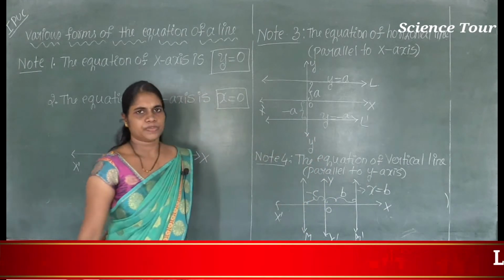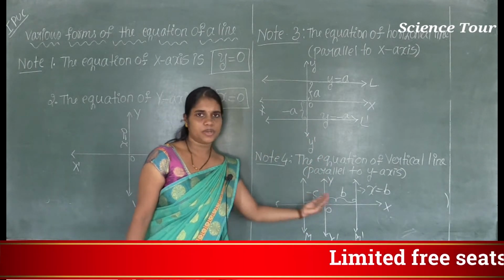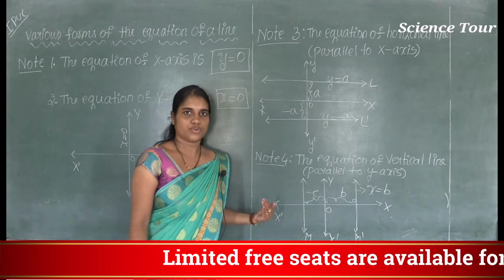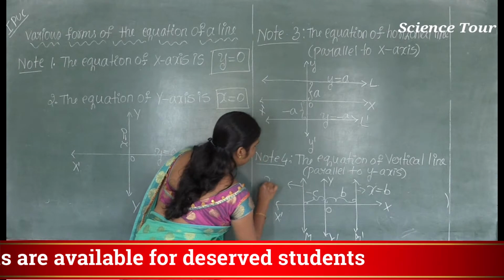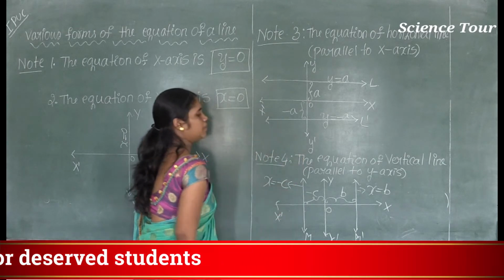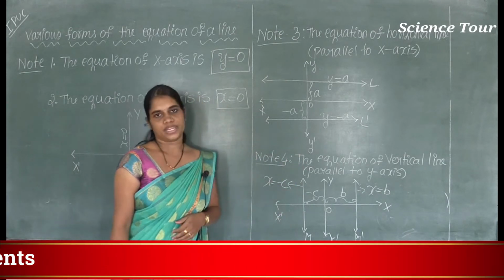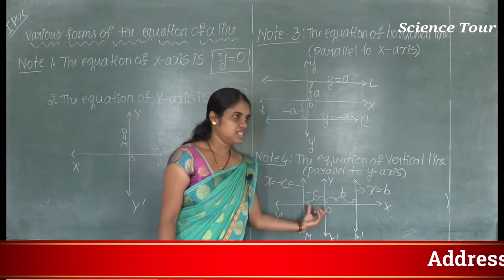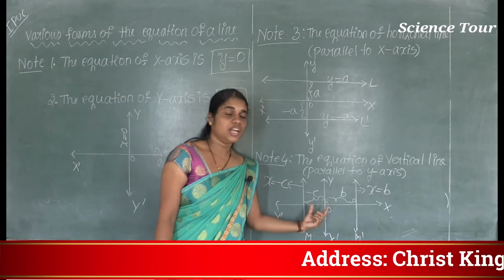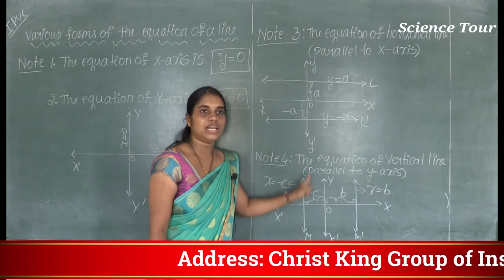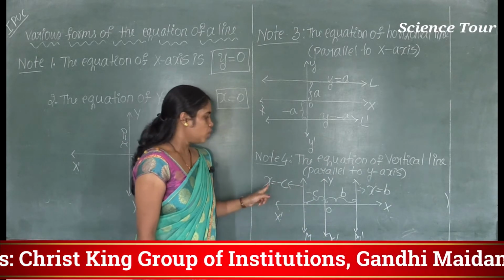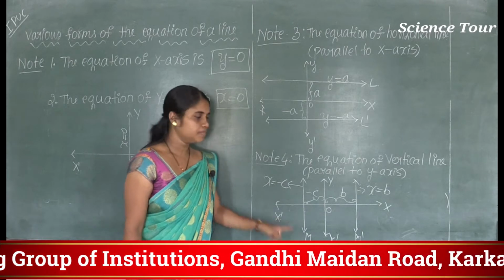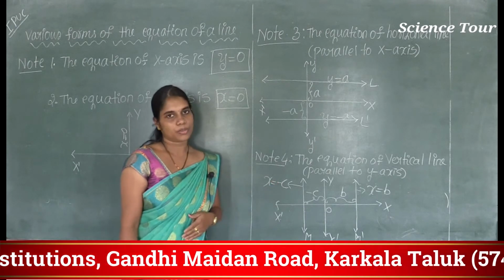It will be minus because it is on the negative x axis. So the equation of this line will become x is equal to minus c, because minus c is the perpendicular distance of this vertical line M from the y axis.